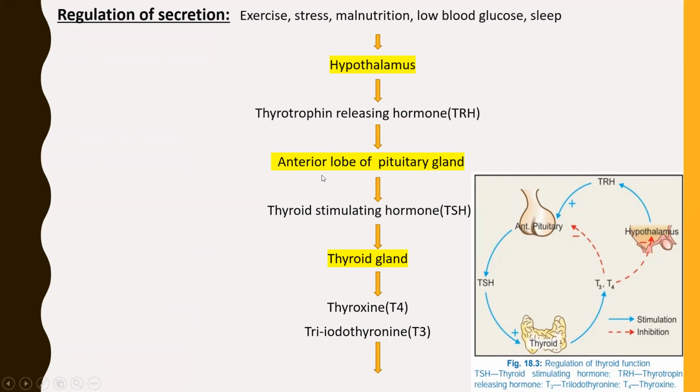The anterior lobe of pituitary gland secretes thyroid stimulating hormone TSH. Then this TSH stimulates the thyroid gland to secrete thyroxine T4 and triiodothyronine T3.